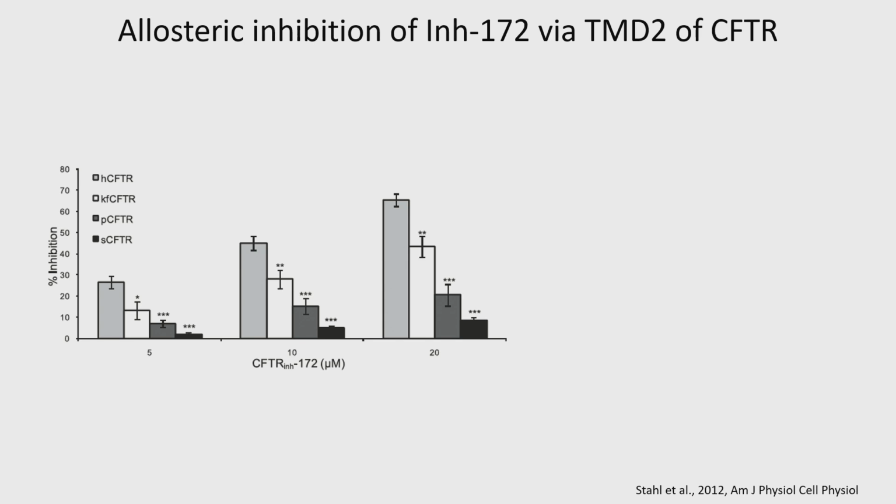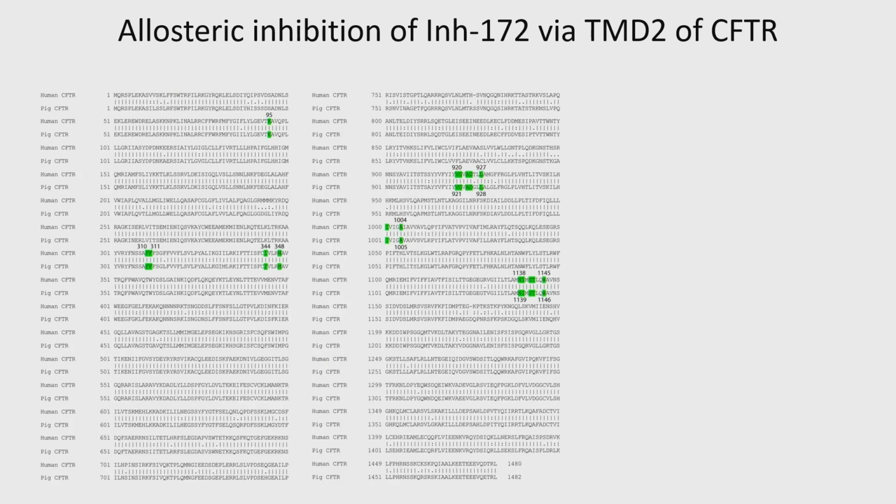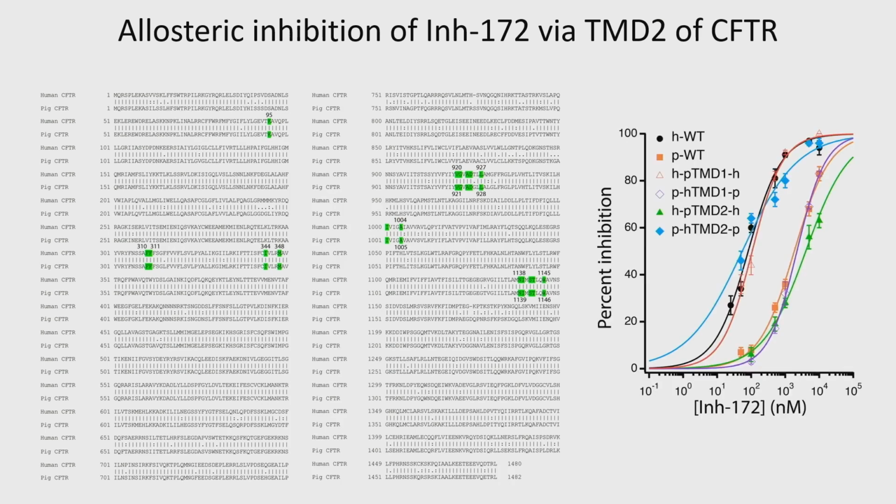To look into this aspect, we noticed that pig CFTR, very interestingly, conserves all the amino acids involved in the inhibitor binding. Those are the green ones labeled out. But surprisingly, pig CFTR is much less sensitive than human CFTR, if you compare the black curve with the orange curve.